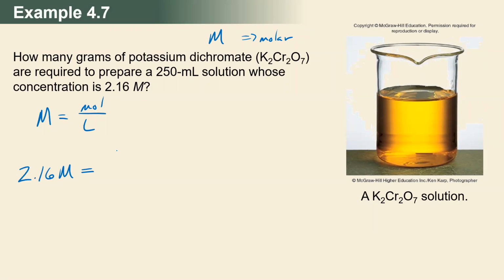potassium dichromate solution is how many moles per how many liters? Well, it tells us that it's 250 milliliters. How many liters is that? 0.25 liters.